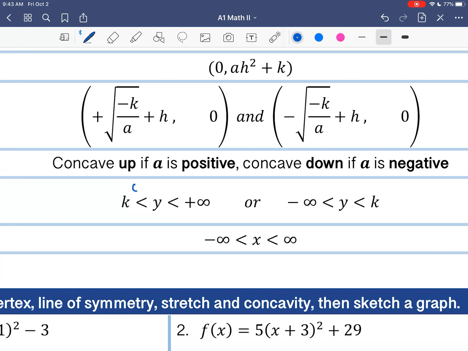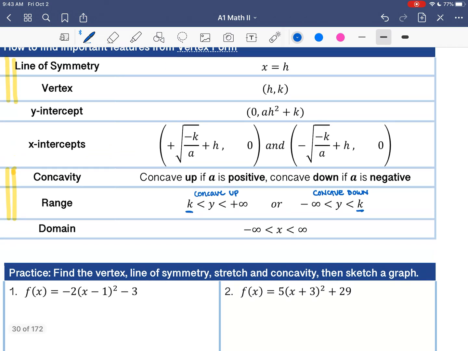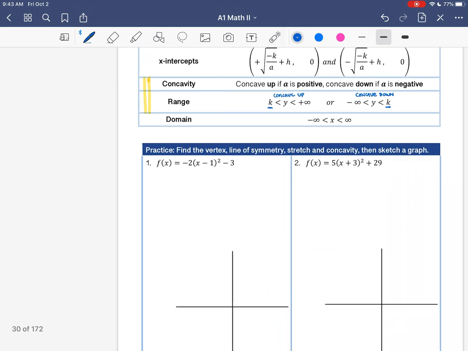So if it's concave up, it will be this formula, and if it's concave down, it's this one. And all you need is this k value. That's all you're replacing. So pretty easy.